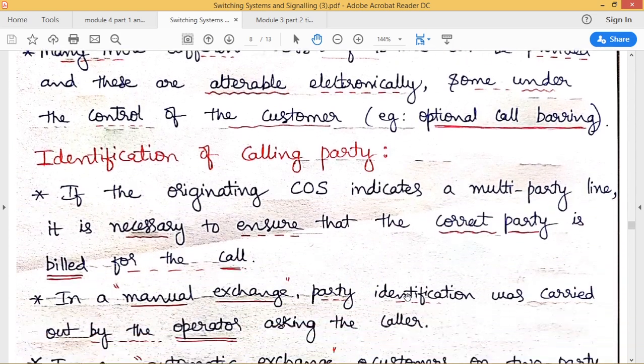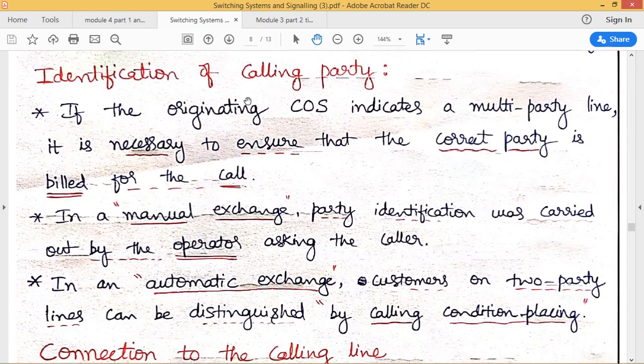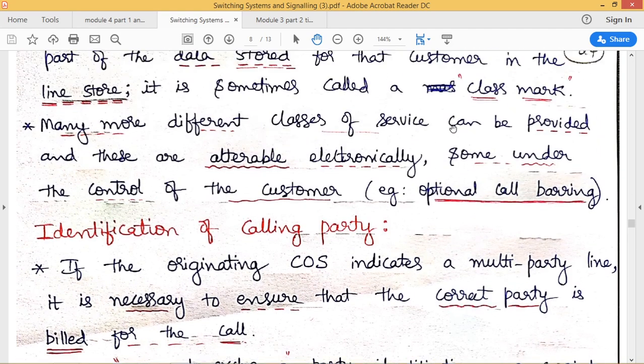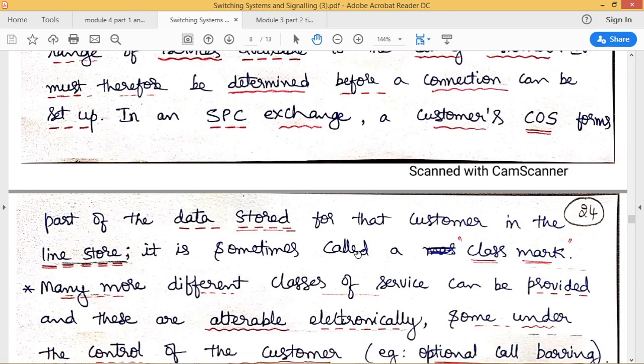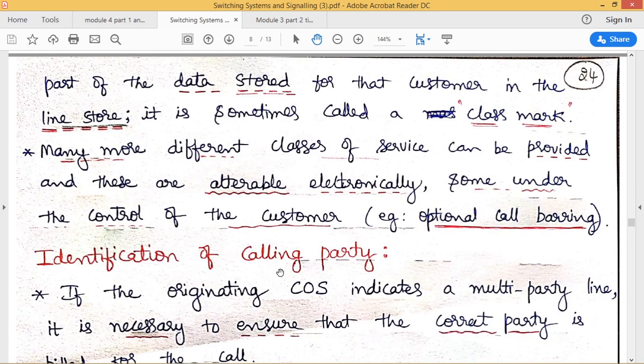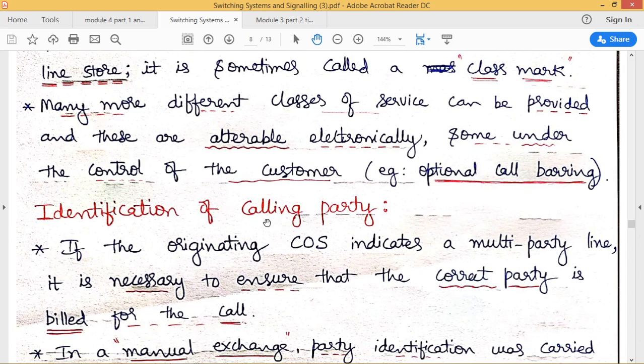The next sequence of operation is identification of calling party. That is what the exchange should decide. Once it has received the calling request, and checked what classes of service are available with that particular user, next it has to identify which person is making the call.